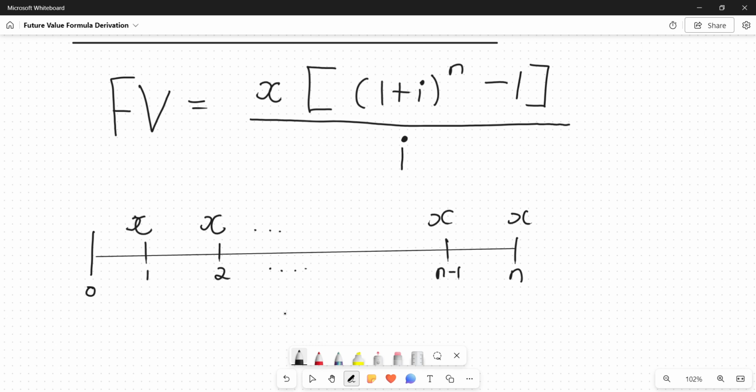So we want to accumulate these regular payments of x to time n.